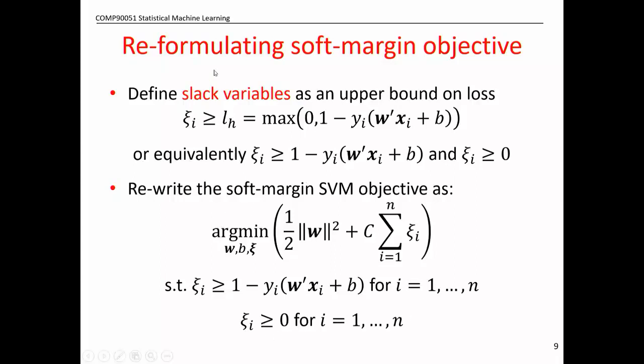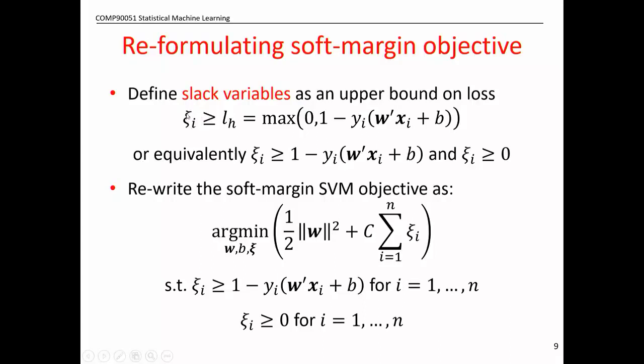So what we do is for every training example, we're going to introduce a corresponding slack variable, which we want to be an upper bound on the hinge loss. Okay, so we're going to permit hinge loss. It doesn't have to be 0. It can be something positive, that's fine.